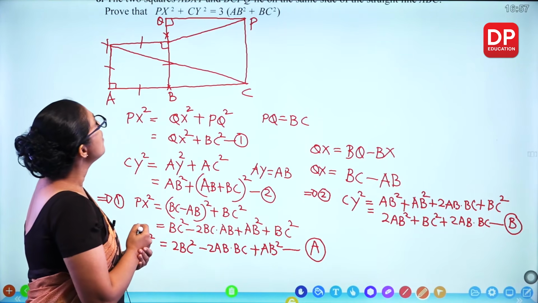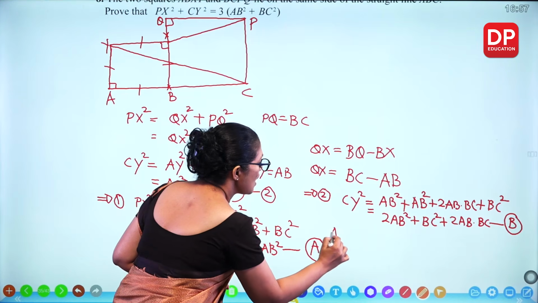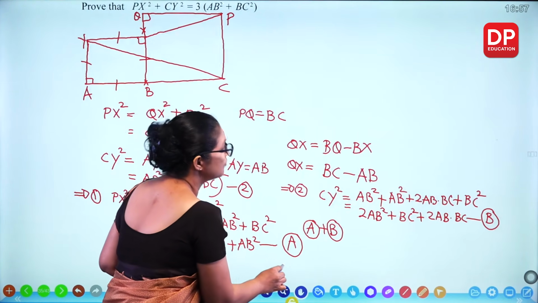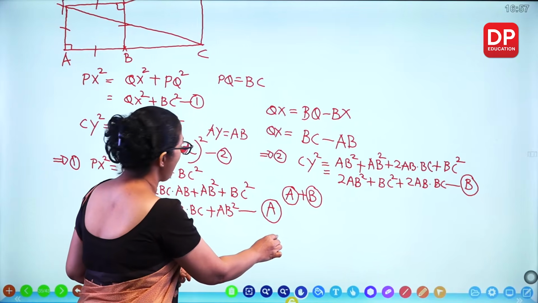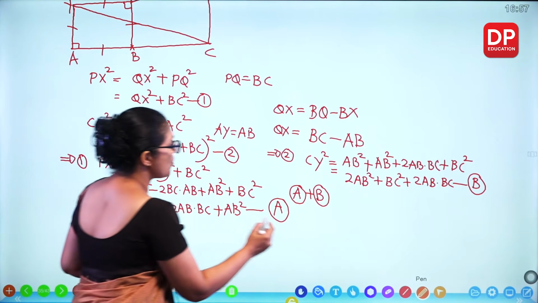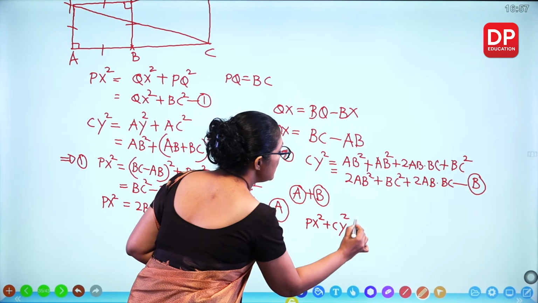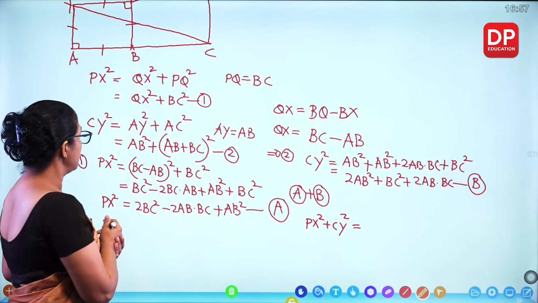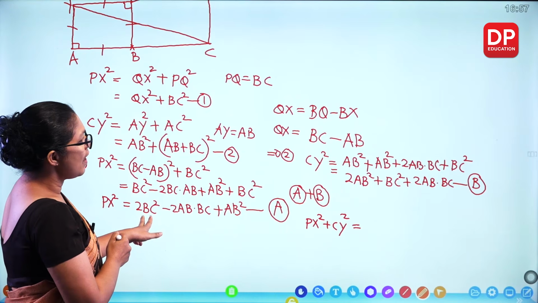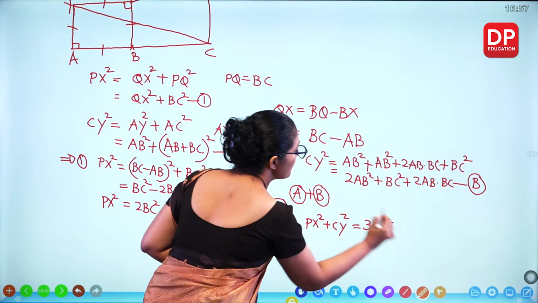Now we need to add the two. A plus B equation. What happens? I am getting PX squared plus CY squared. That's what we need in the left hand side. Then 2BC squared and BC squared, I'm getting 3BC squared.